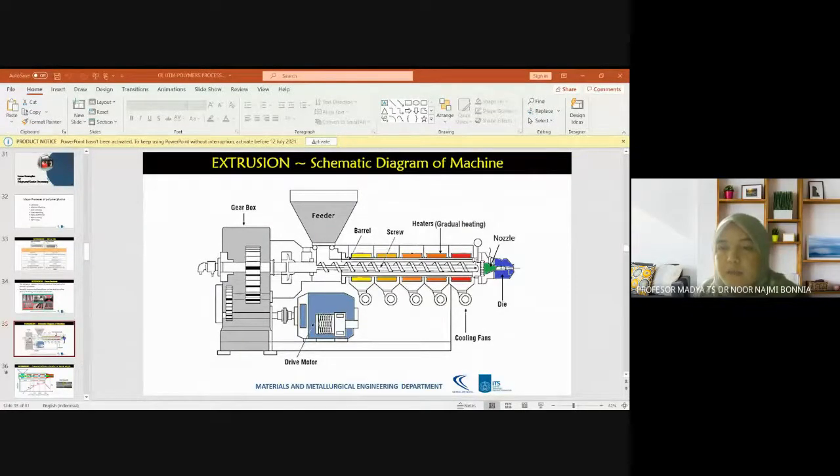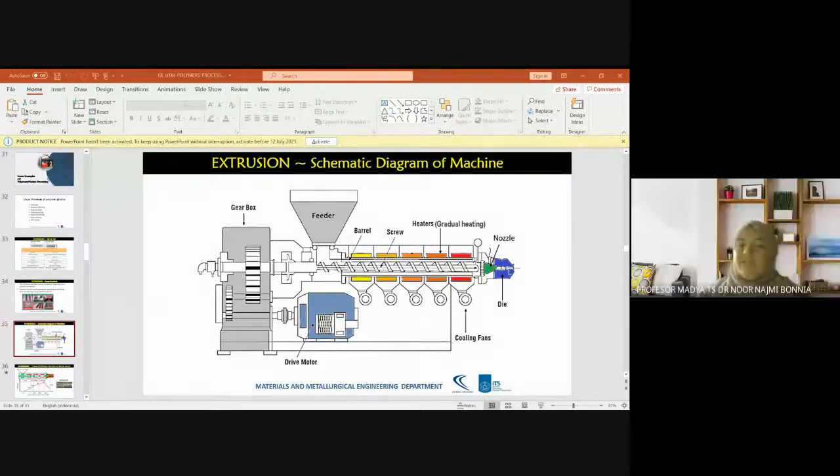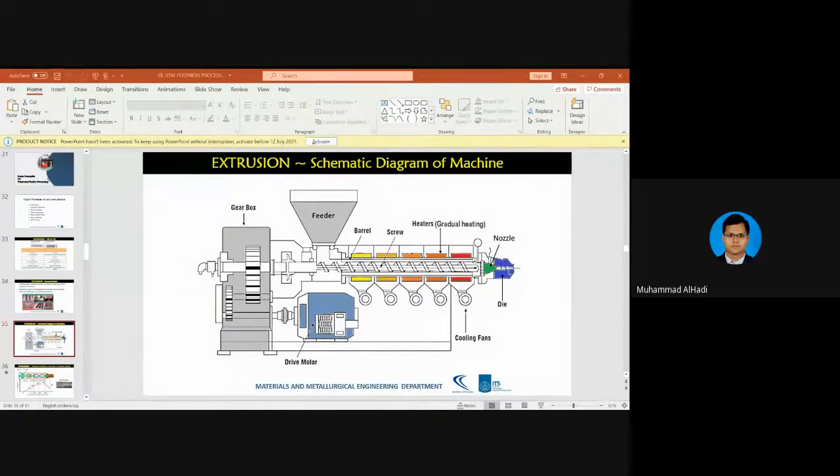Okay, does it help you, Muhammad Al Hadi? Actually, in my nanofiber fabrication, I'm just adding the polymer into this metal oxide solution to help increase the viscosity so that the nanofiber will be produced.